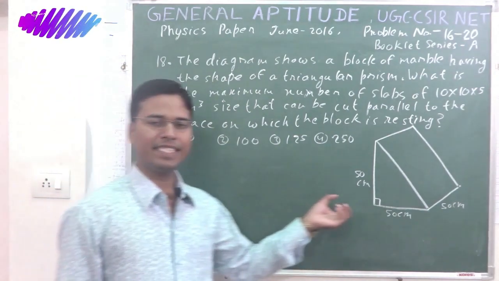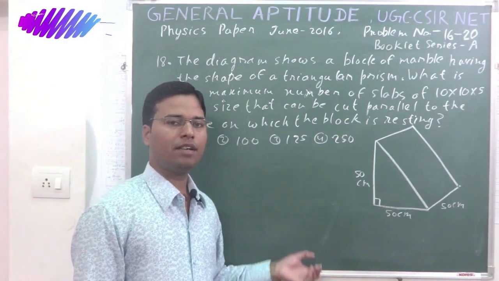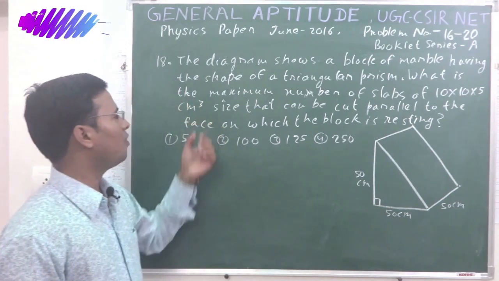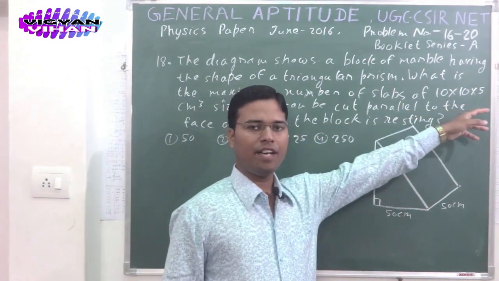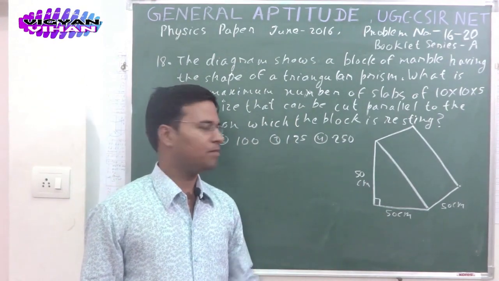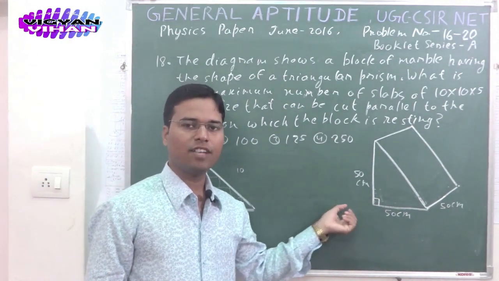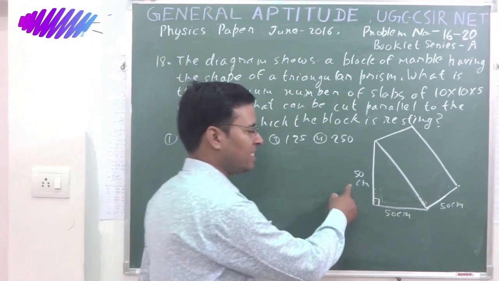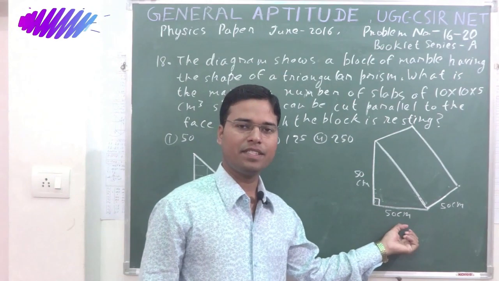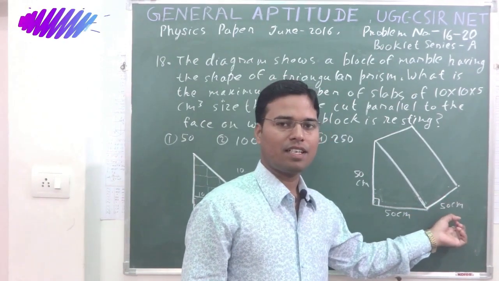In this problem, there is a triangle shaped prism. We will have to calculate the number of maximum slabs which can be cut of the size of 10 by 10 by 5 cm from this prism shaped slab of marble. The dimensions of this triangular prism shaped slab are given: 50 cm height, 50 cm base width, the base length also 50 centimeter.